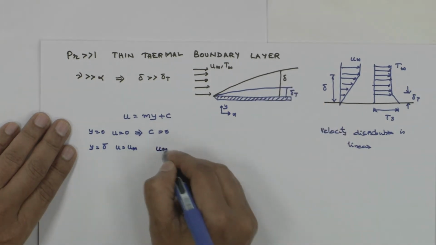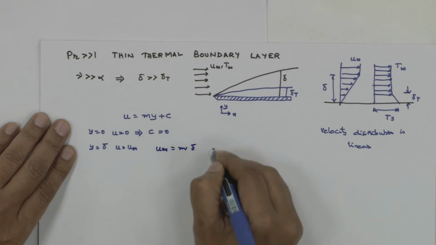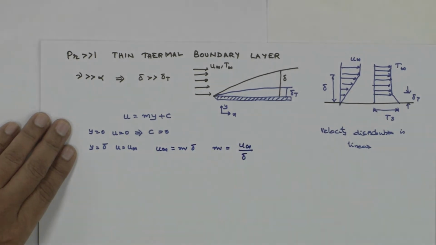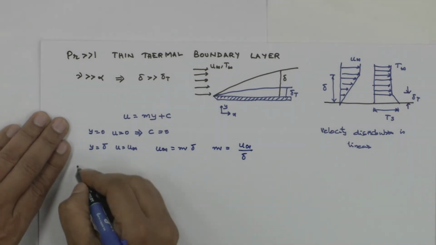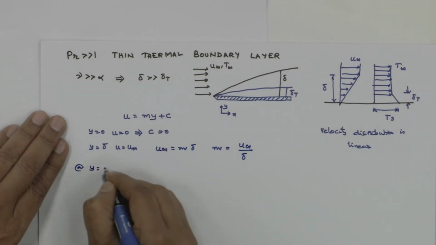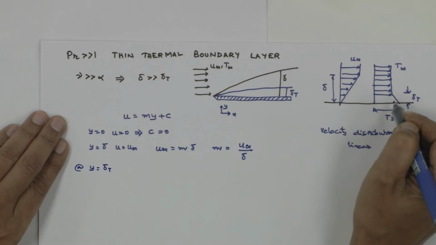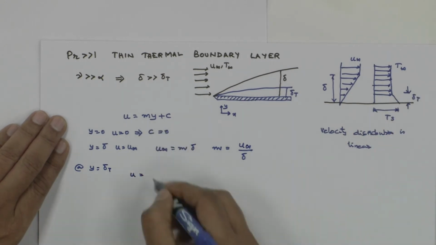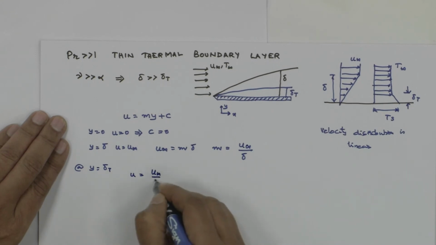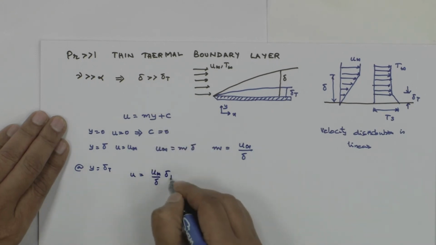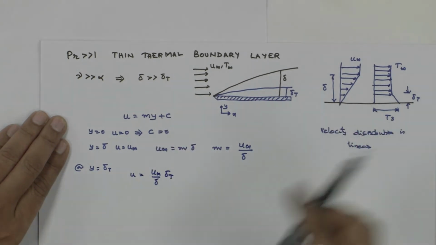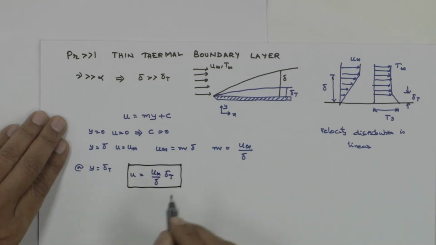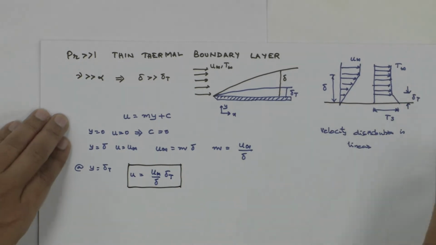I get u infinity equal to m delta. So m equal to u infinity by delta. So now at y equal to delta t, because that's where I want everything happening, u equal to m, which is u infinity by delta, times y, which is delta t, and c is anyway 0. So this is my velocity u.